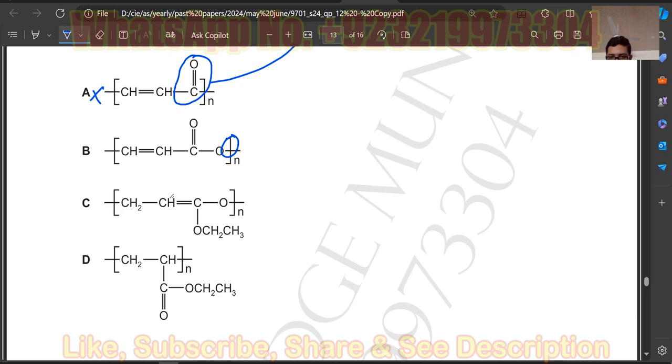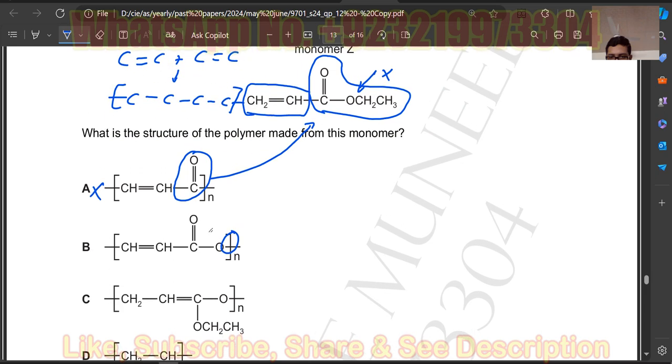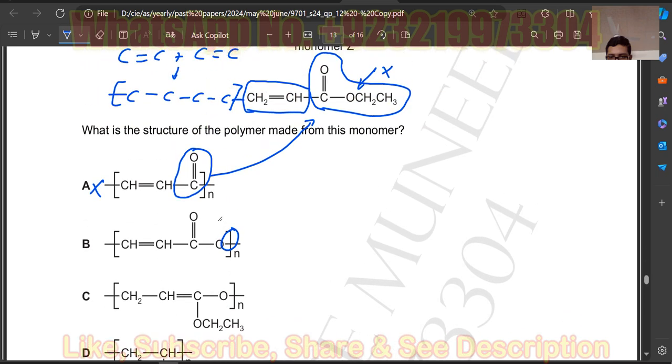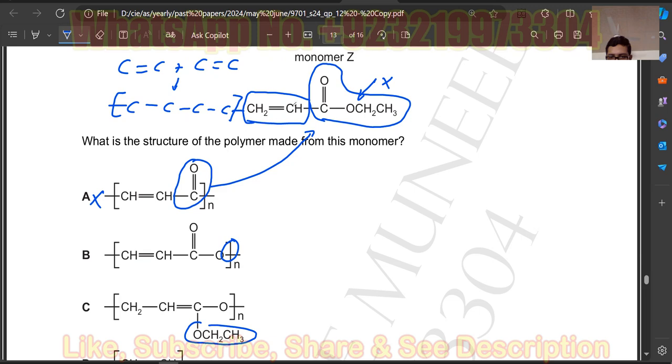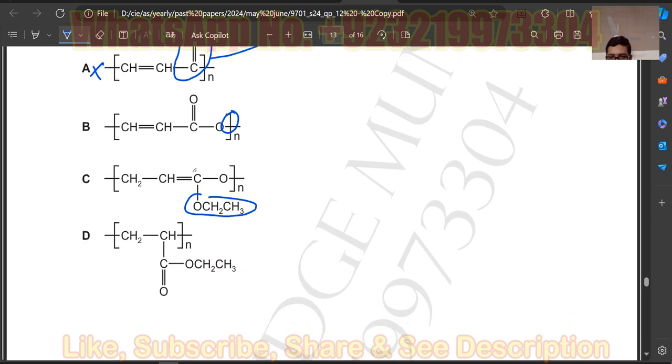In option C, it has shown some portion of this as a side group, but the actual part which it has to bond must be from this double bond. So the double bond which should be added with each other will be this one, where it has shown a double bond inside the repeating unit. It is not possible. So again, it is incorrect.